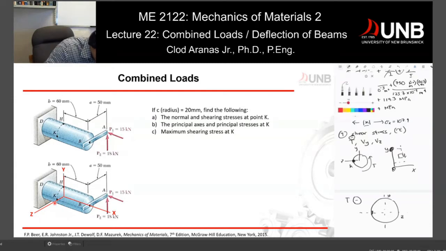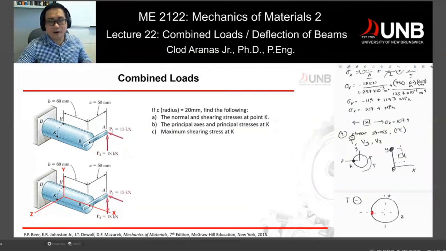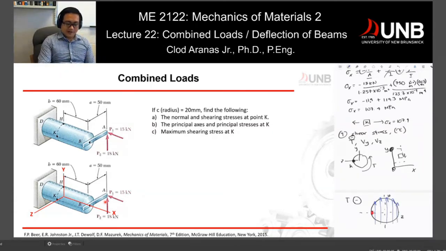I'll change the color. This is the point. Your V sub Y is a positive number, which means it's going up. That's what we calculated before. And how would you know it's going up? You can see this is just your V sub Y. So that's V sub Y going up, and it's going up like this. That's kind of your stress along your V sub Y.